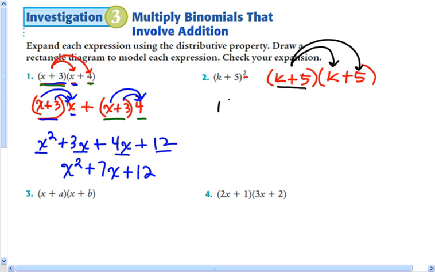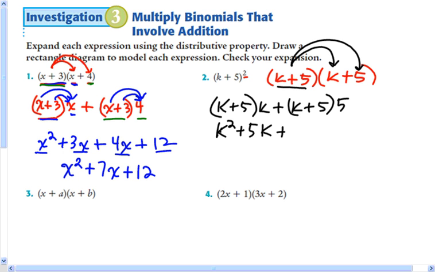So that looks like this, k plus 5 times k, and then k plus 5 times 5. Now expand each of those using the distributive property, and I get k squared plus 5k plus 5k plus 25.